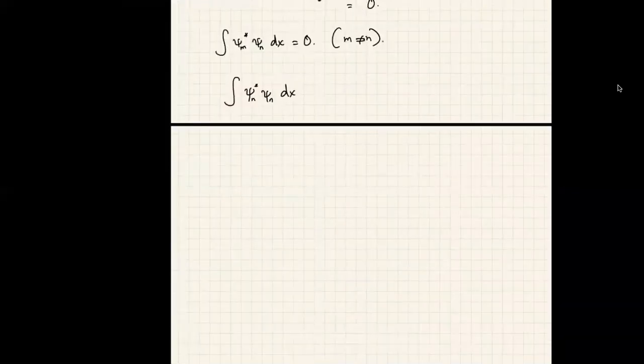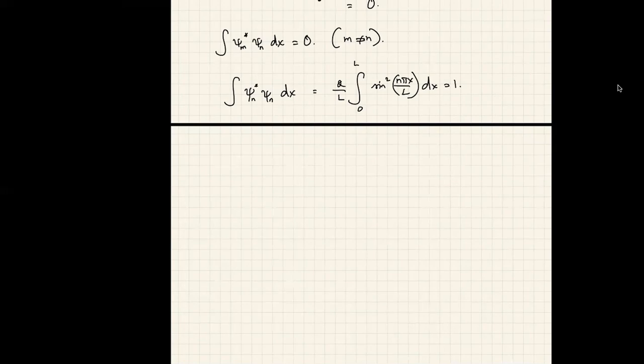So integral psi n star psi n dx, which is 2 over L, 0 to L, sine squared n pi x over L dx, is manifestly equal to 1, because we fixed the coefficient 2 over L by assuming this property. So if m equals n, the integral is 1.